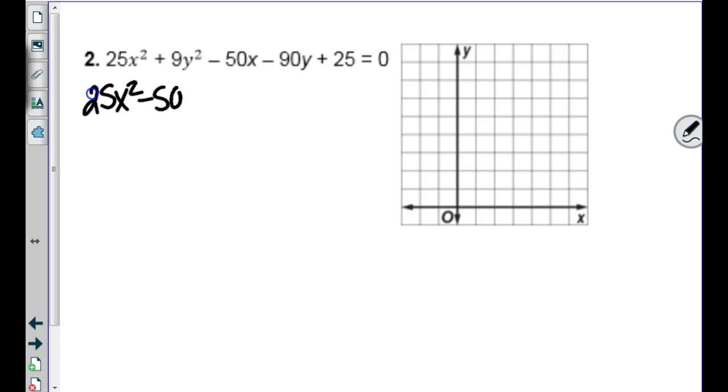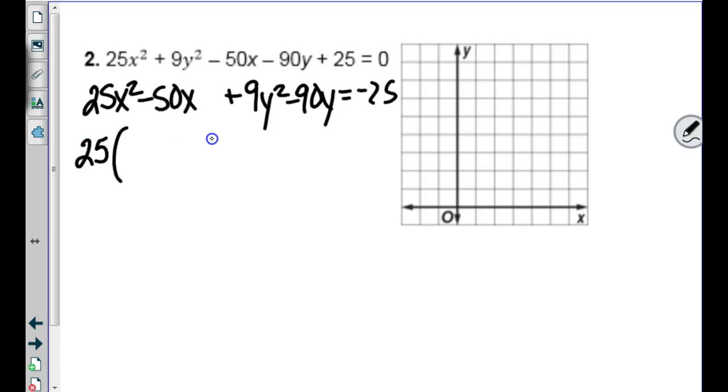25x squared minus 50x plus 9y squared minus 90y. Take a 25 out and a 9 out, and somehow we're going to add 2 blanks over here. What happens when we take out the 25?